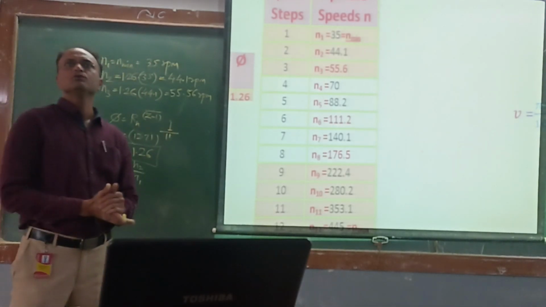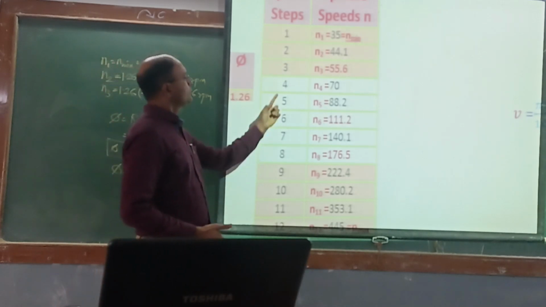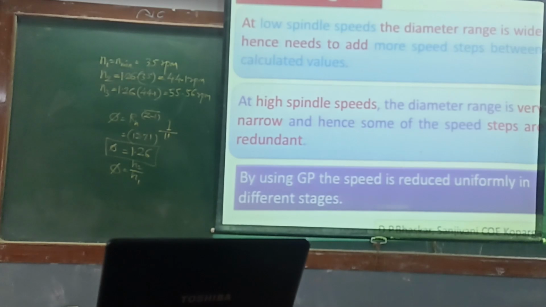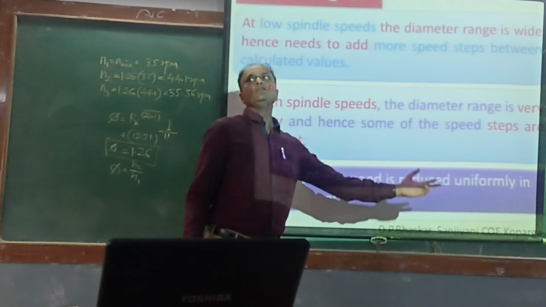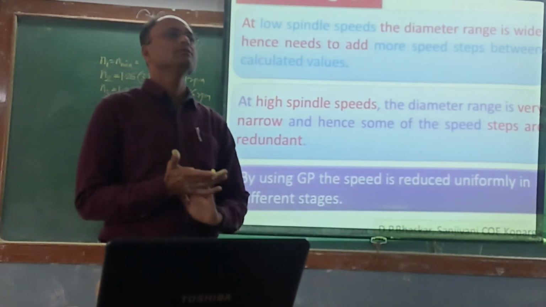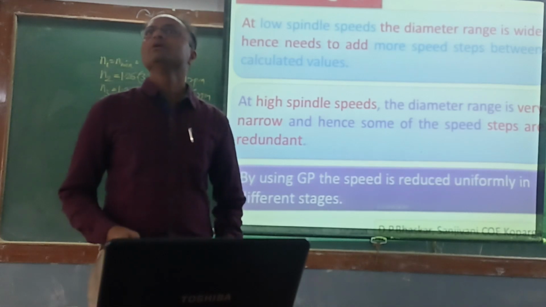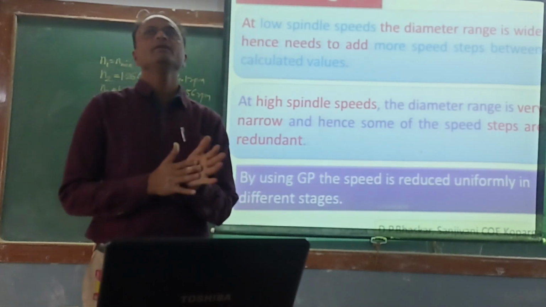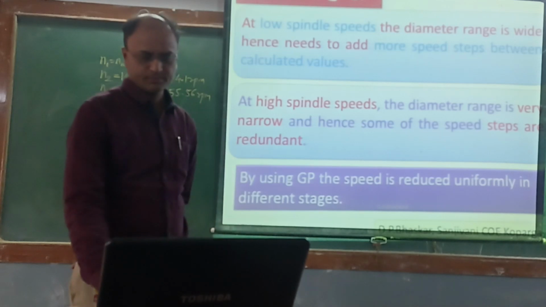Just verify your values. You will get those values like this. By using geometric progression, speed is reduced uniformly in different stages.